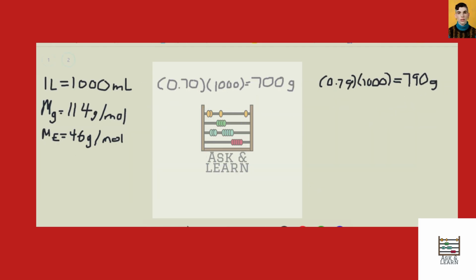So this is going to be our gasoline. So 700 over 114 is going to be 6.14 moles.